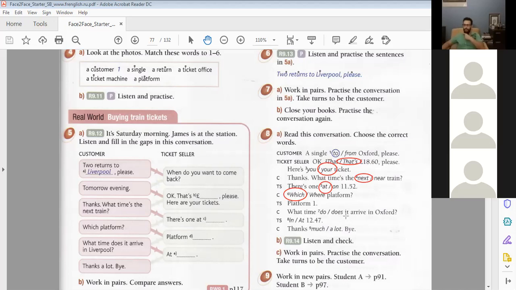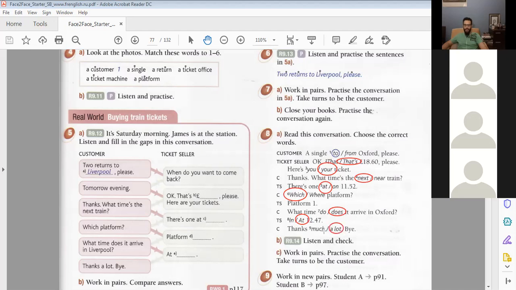Are you sure? Can you read it again? I think it does. Yes, you're right. What time does it arrive in Oxford? At 12:47. Thanks a lot. Bye.